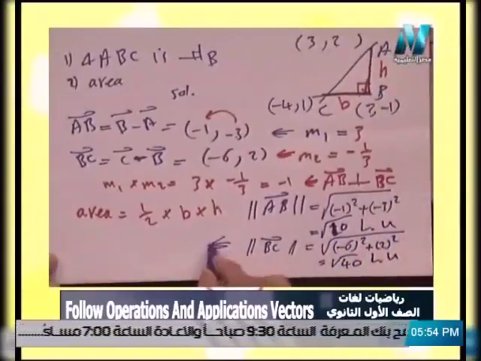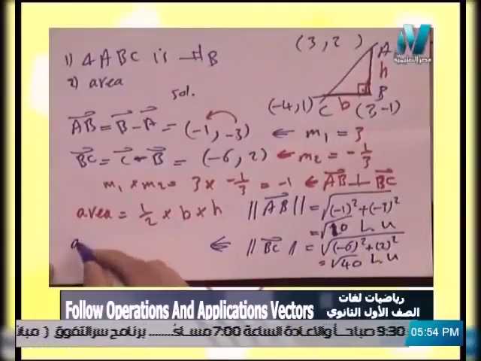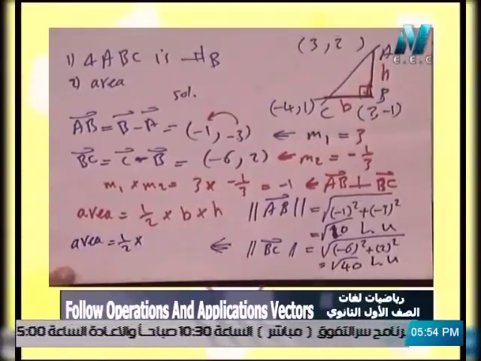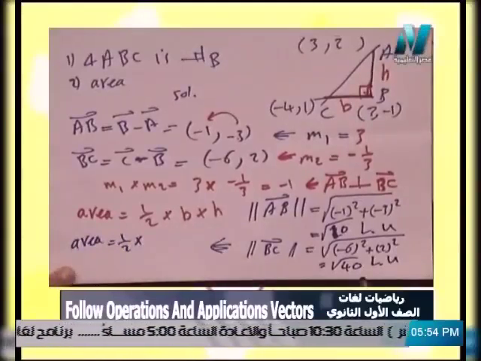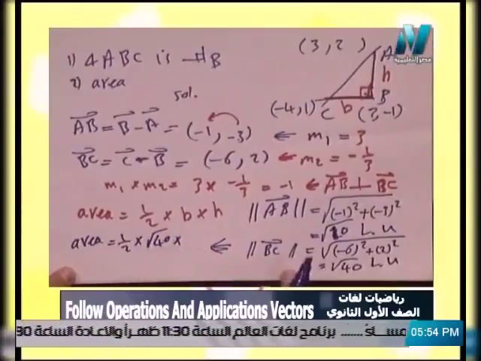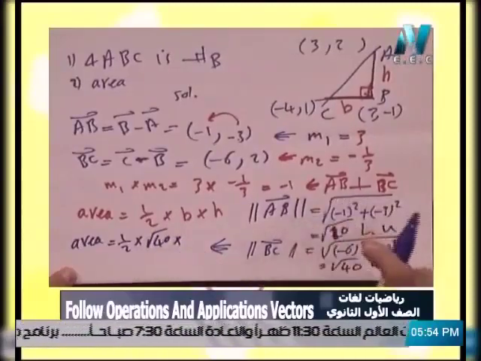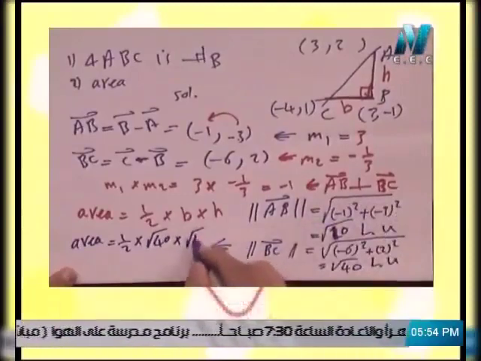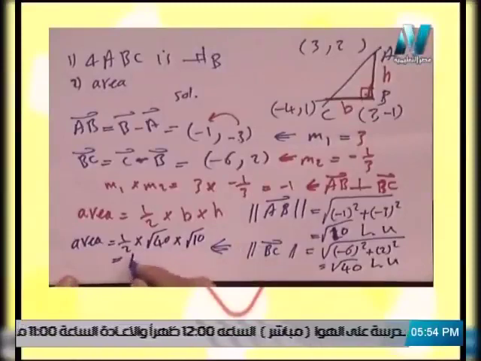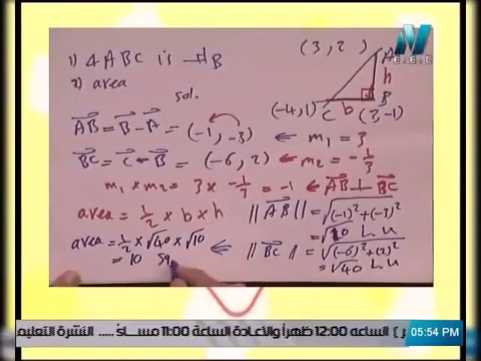Okay, so to find the area, multiply half times the base, which is CB, equal to the square root of 40, times the height, which is AB, the square root of 10. So the final answer will be 10 square units.